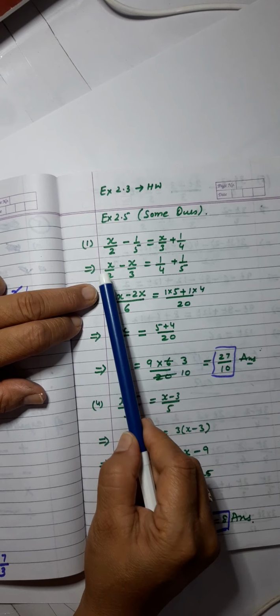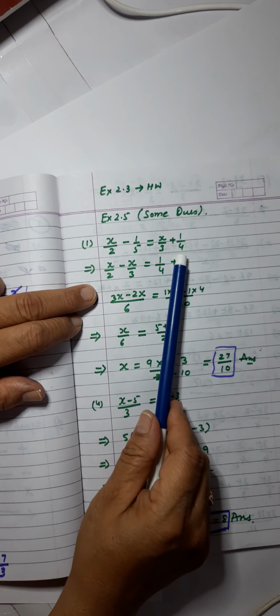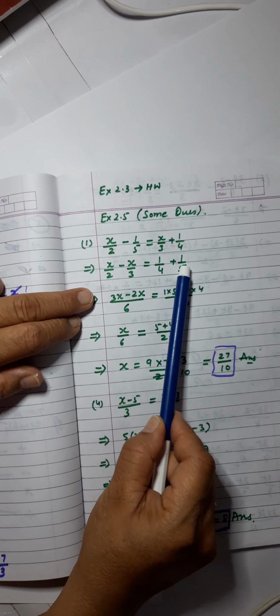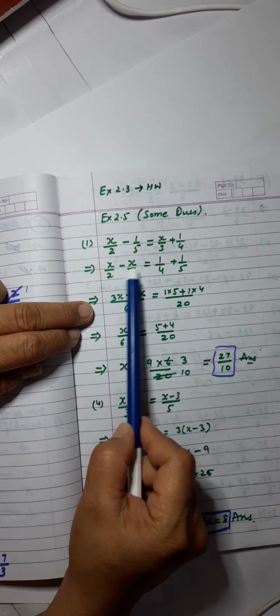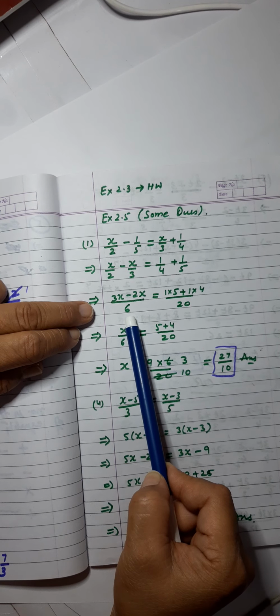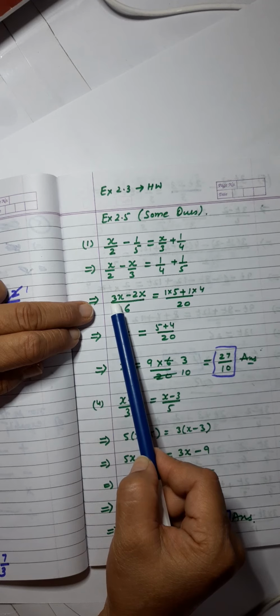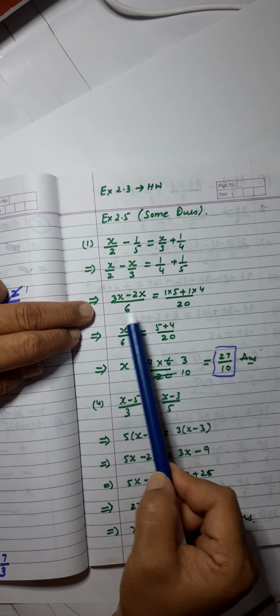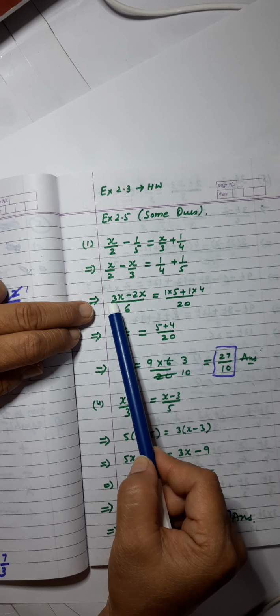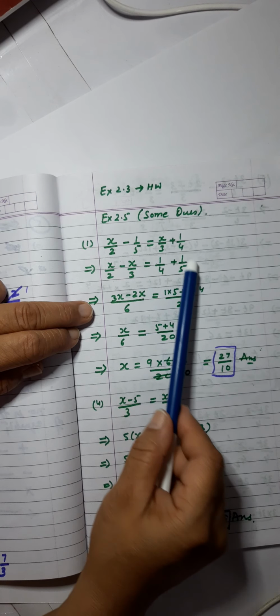So again here I will bring x upon 2 minus x upon 3 is equal to 1 upon 4 plus 1 upon 5. So taking the LCM, 6 here. Divide 6 by 2, you get 3; 3 into this, 3x. From here you get 2; 2 into x, 2x. 3x minus 2x upon 6 is equal to 20 here, and here you have just taken the butterfly method.